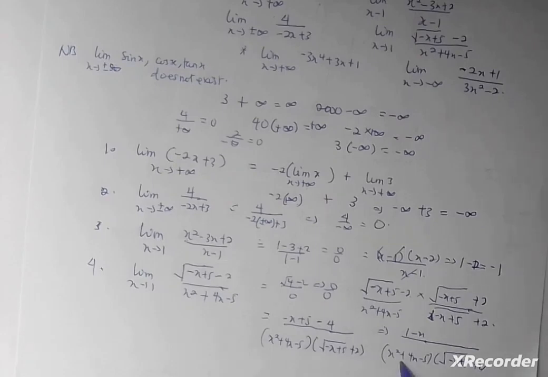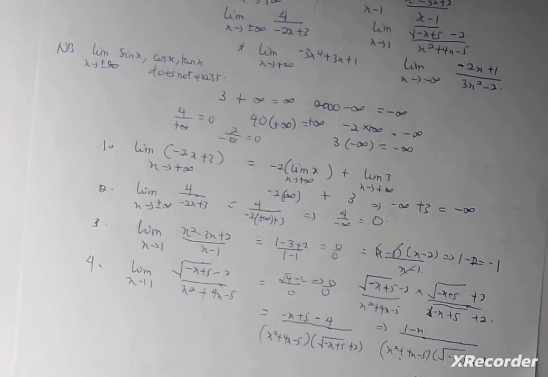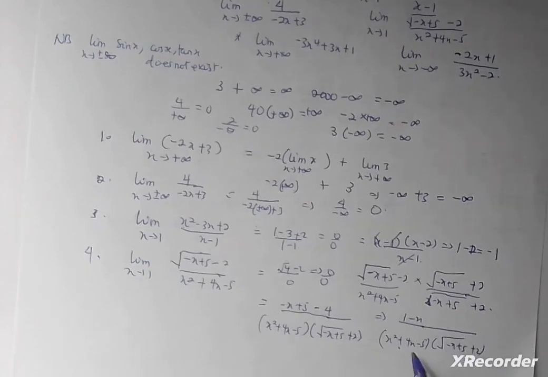So from here, how can I expand this? I know that I have negative 5. So if I have negative 5, the factors are going to be positive 5 and negative 1. Positive 5 and negative 1. So that is going to give me positive 5 and negative 1.